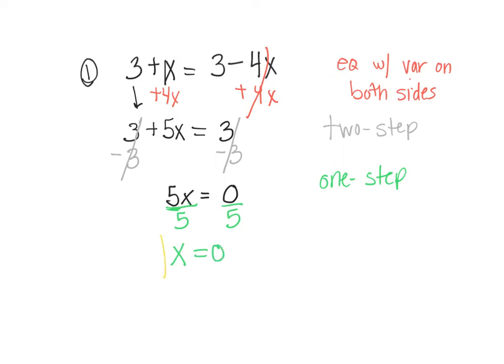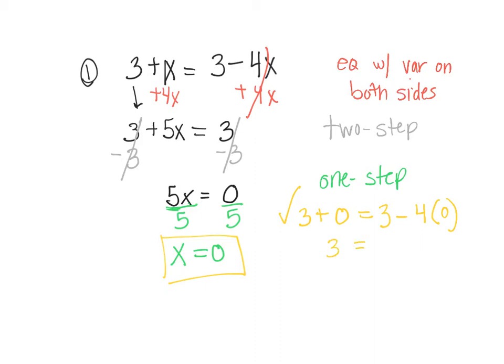Like all of our equations, we can do a check. If I go back to the original equation, 3 plus x, where x is 0, is equal to 3 minus 4 times x, where x is 0. Over here on the left side, 3 plus 0 is going to be 3.